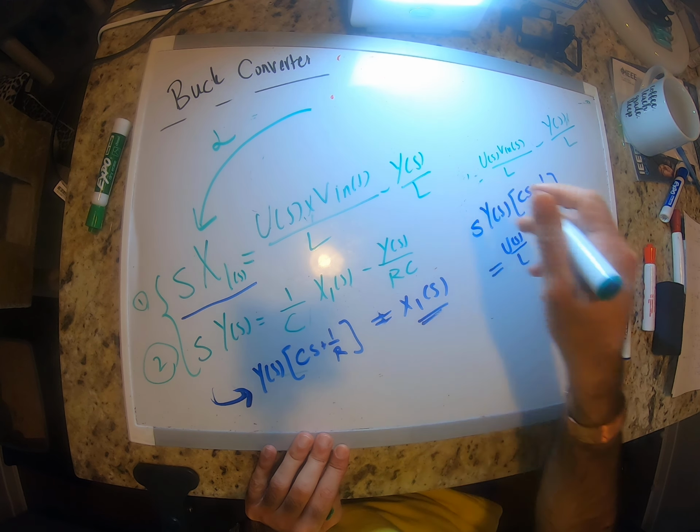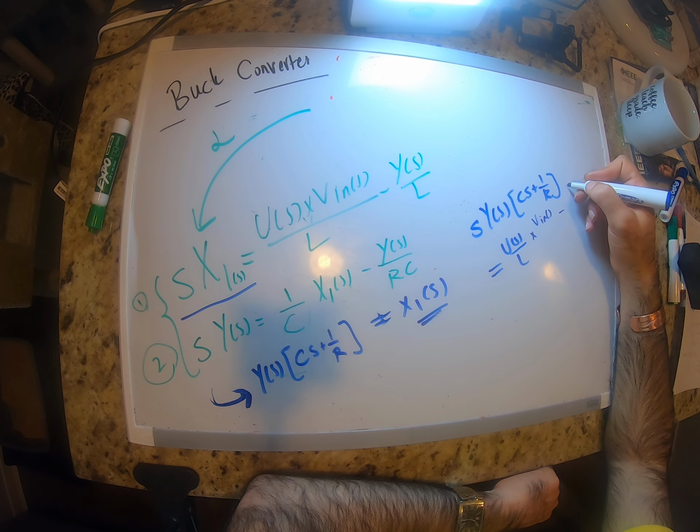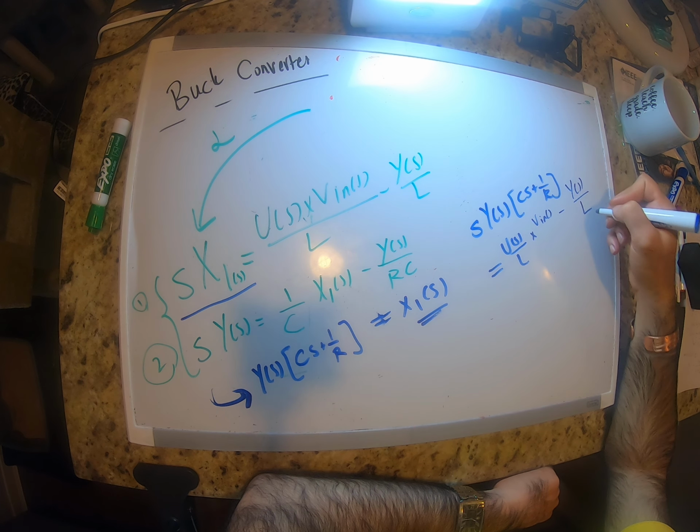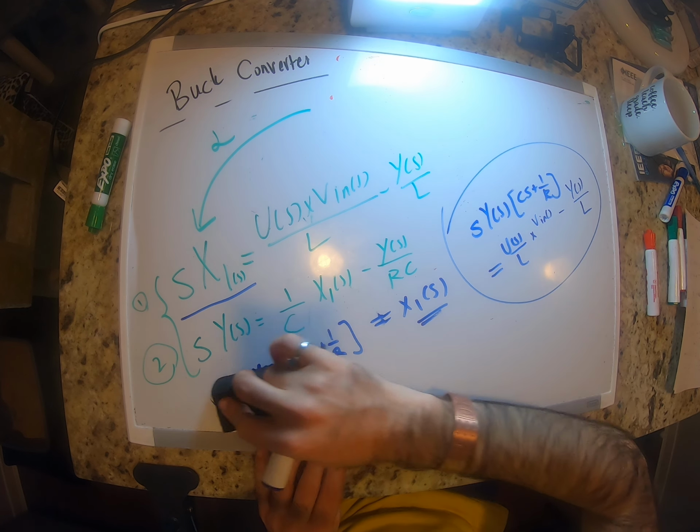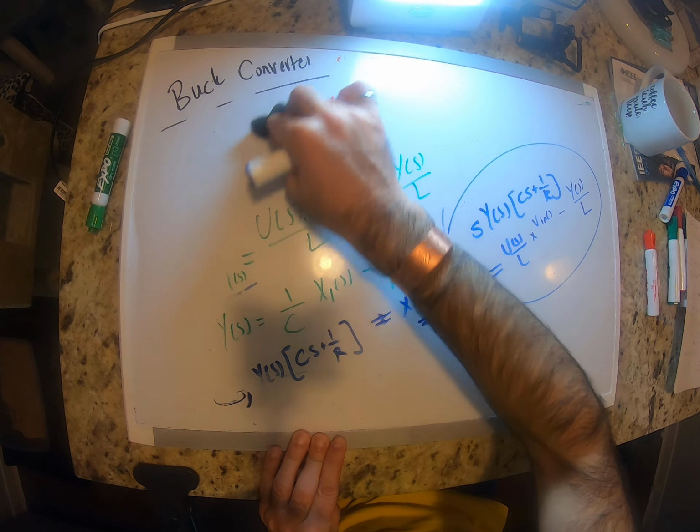Then we just replace that: U of S divided by L multiplied by V in of S, minus Y of S divided by L. So this is the equation that we have. Now we simplify these two equations into one equation relating Y of S to U of S. Let's simplify that again.